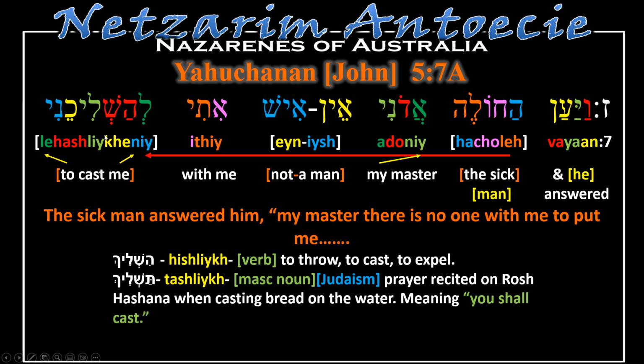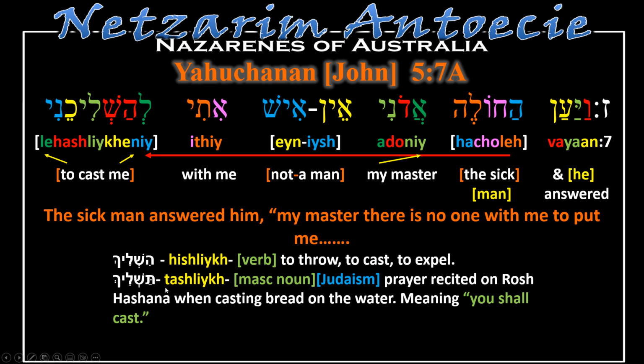Le hashlikeni, to cast me. We can see the ni at the end means me, and of course le at the beginning means to. So in the middle we have hishlik in its verbal form. To throw, to cast, to expel.